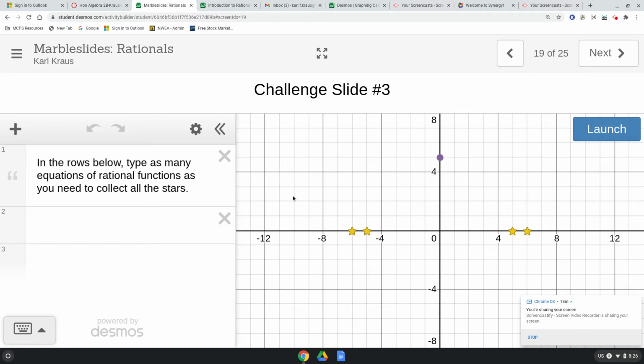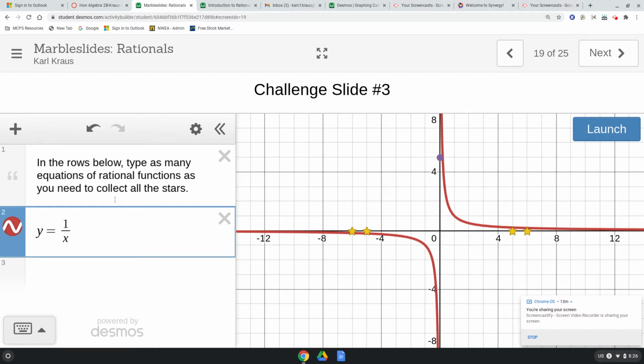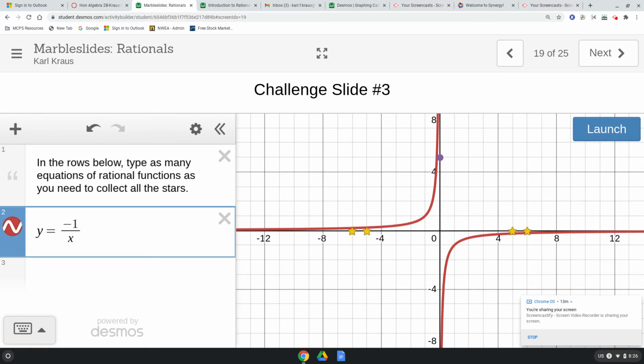So let's see what I did here. I started with 1 over x, and then I did the negative of that. So now I got this ramp going like that. And then I want to move this down a little bit.